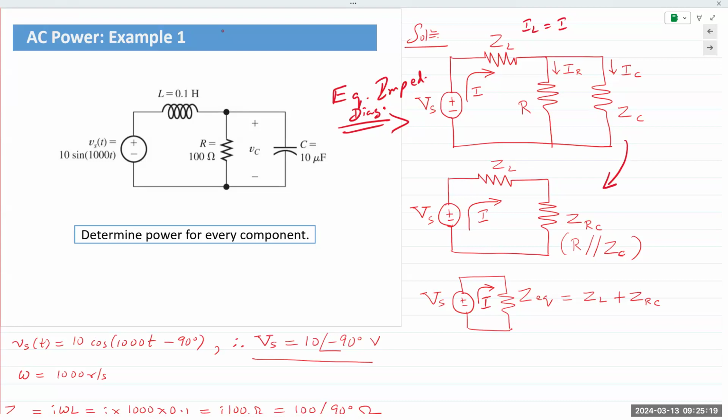Obviously, that's a personal preference. You can use any notation you want. That parallel combination ZRC is in series with the impedance of the inductor, which is ZL. And hence the total ZEQ, the total equivalent impedance of the circuit as seen by the source, is ZL plus ZRC.